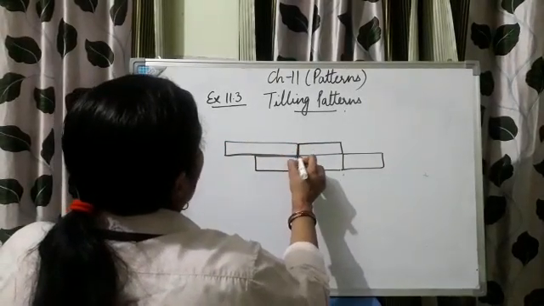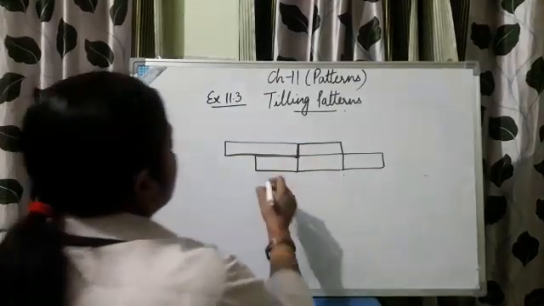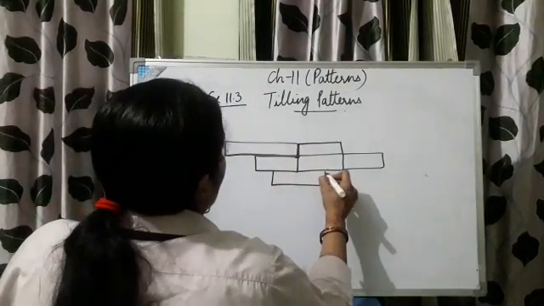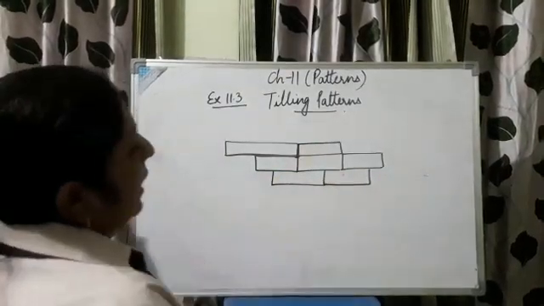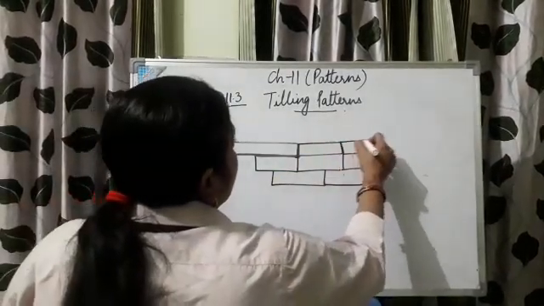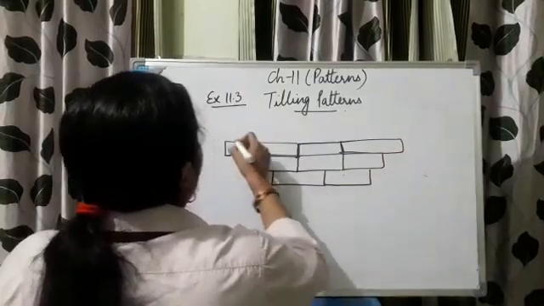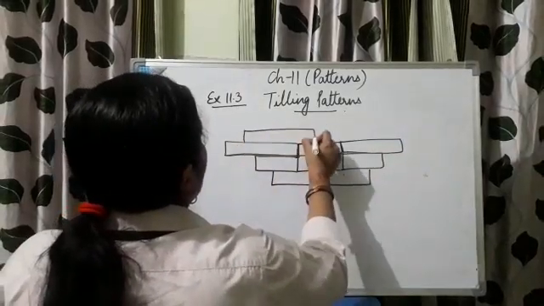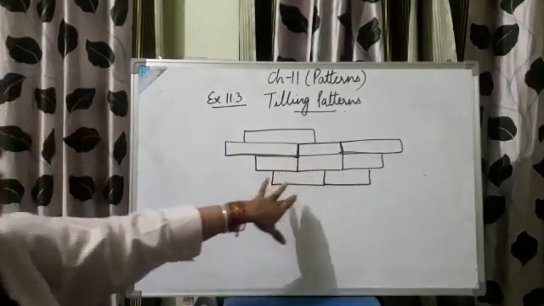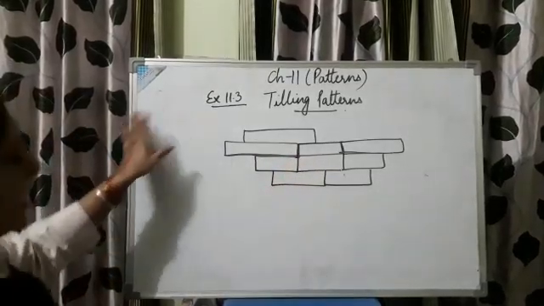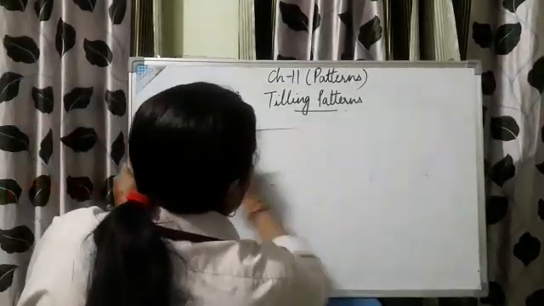Now in your kitchens also you must have seen tiles are fixed in such a way without leaving any space. That means there is a pattern going on in the tiles, which are attached in such a way that there is no space left in between. This exercise 11.3 is also all about that only.